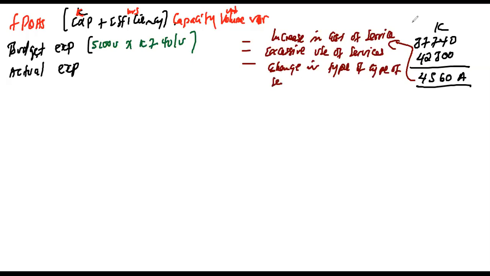But sometimes things are not always bad. Sometimes things are good. So when things are good, the possible causes of a favorable variance could be, number one, savings in costs. If the expenditure is favorable, it could be savings in costs.